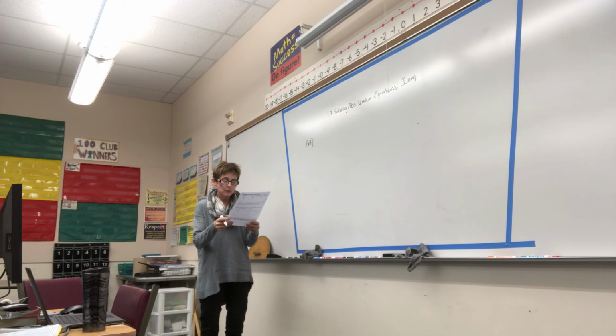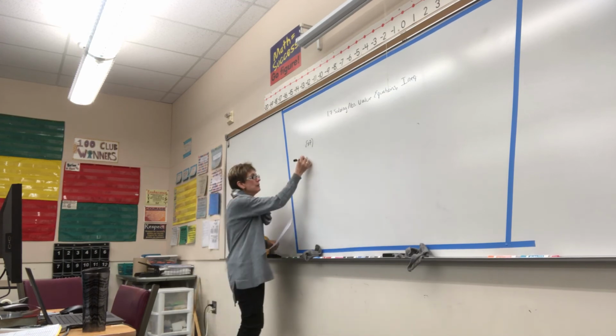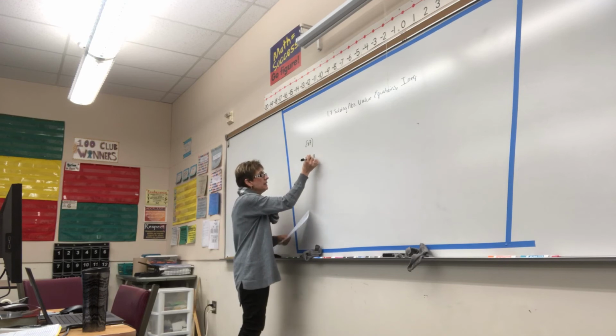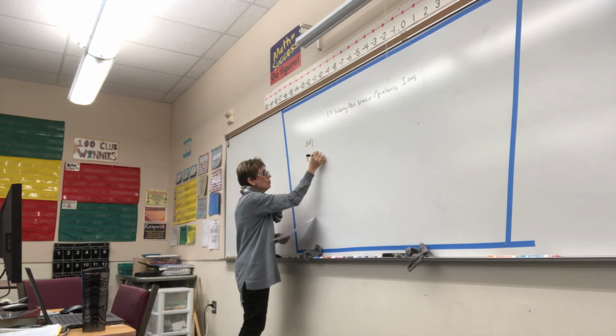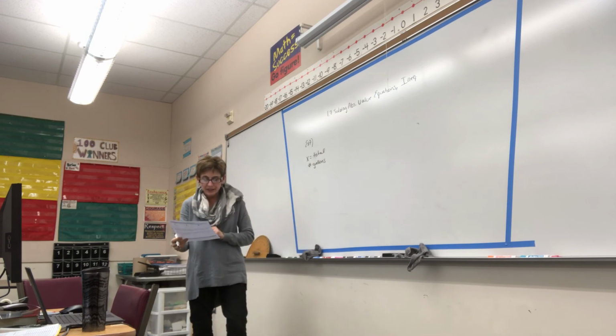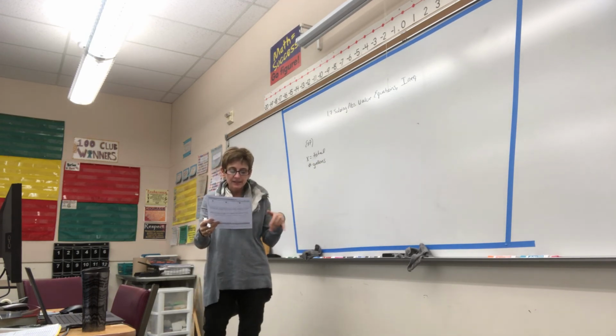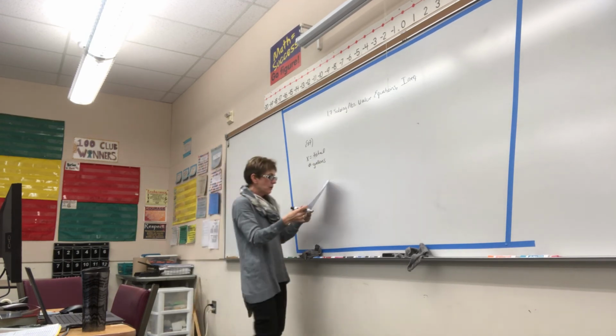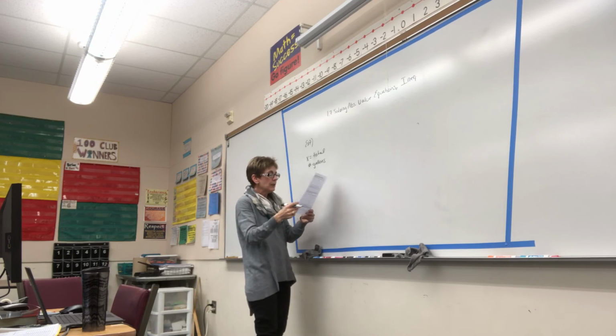Now, it says that it wants us to solve for how many gallons will be pumped. So I'm going to make x be the total number of gallons. Just like with our last problem, I do think it's easier to set up the absolute value inequality and then see why it works.